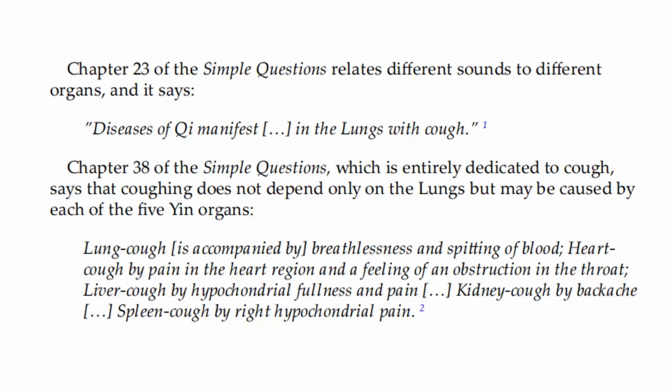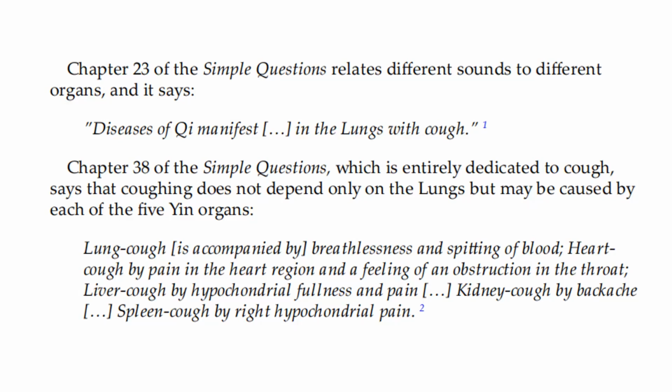Chapter 23 of the Simple Questions relates different sounds to different organs, and it says disease of qi manifests in the lungs with cough. Chapter 38 of the Simple Questions, which is entirely dedicated to cough, says that coughing does not depend only on the lungs, but may be caused by each of the 5 yin organs.